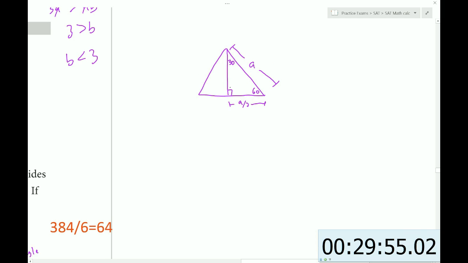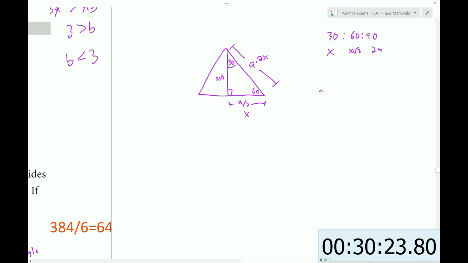So the height, if you remember your rule for 30, 60, 90 triangles, you have x, x rad 3, and 2x for the ratio of sides. And that can be derived with trigonometry. Basically, opposite the 30-degree angle is x, opposite the 60-degree angle would be x rad 3, and opposite the 90-degree angle would be 2x.